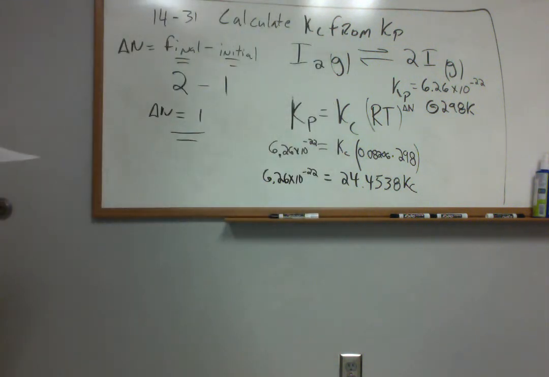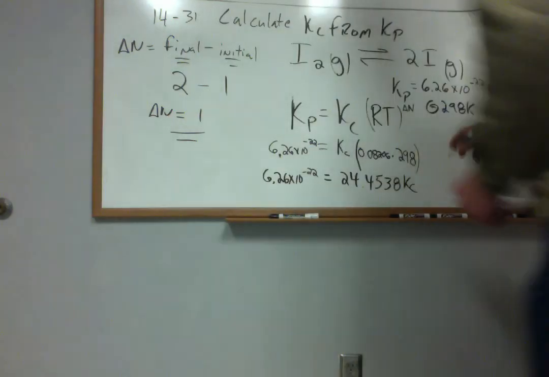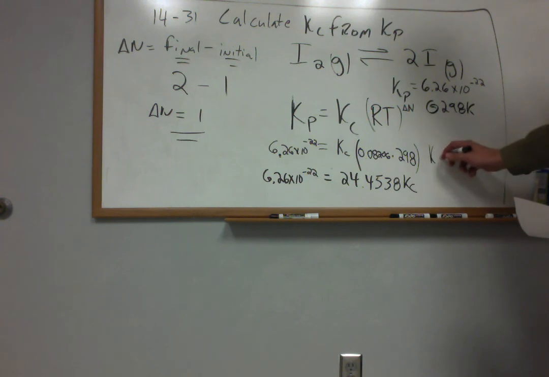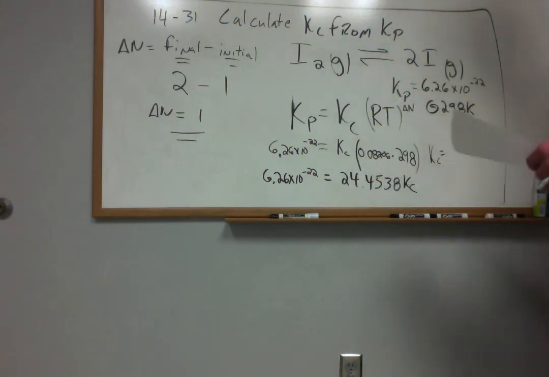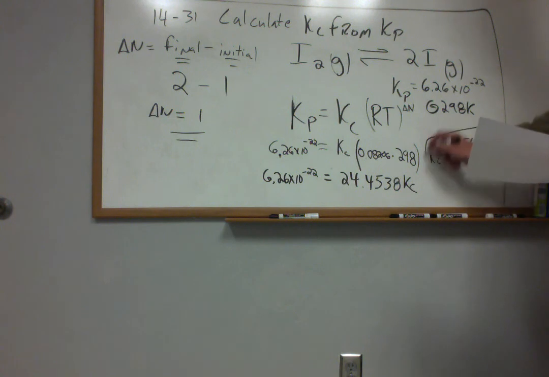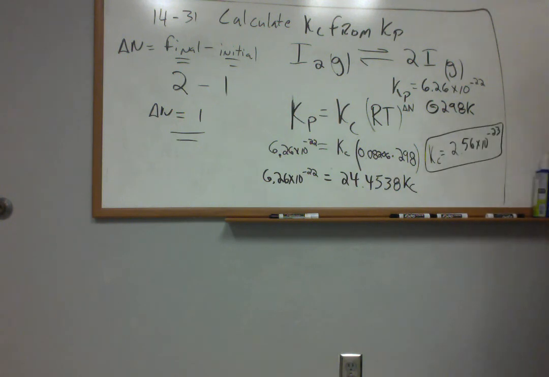Now all I need to do is solve for Kc through division. If I do that, take this, divide it by this 24.45, I end up getting 2.56 times 10 to the minus 23rd. And that's the value for the Kc for this reaction.